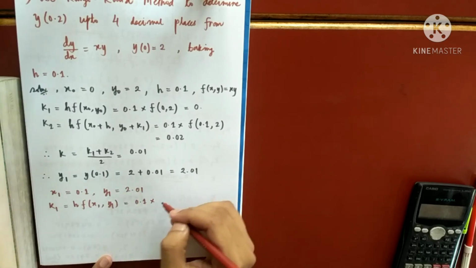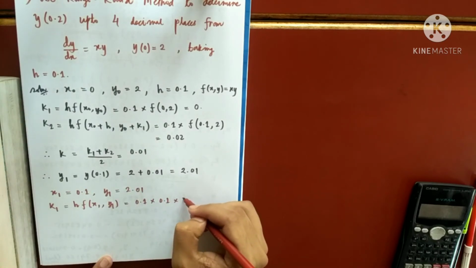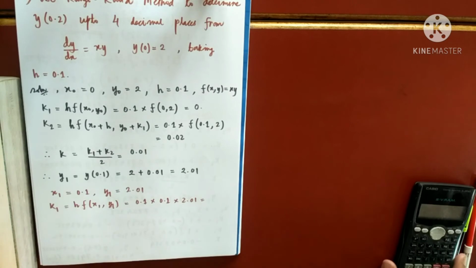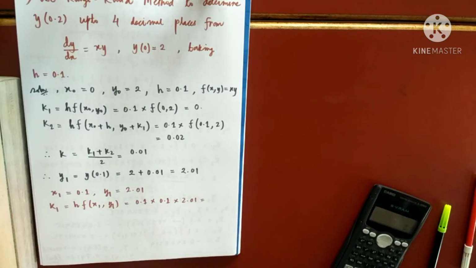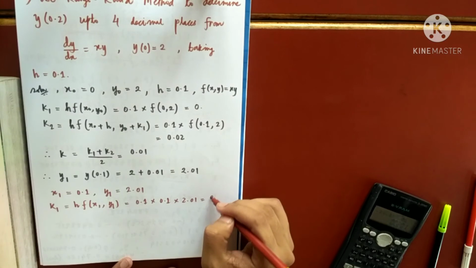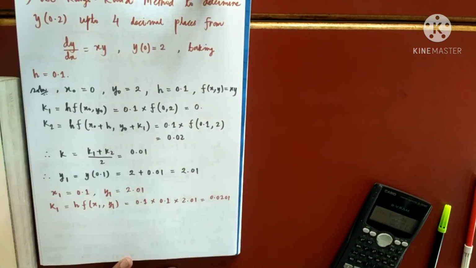So this into this, 0.1 into 0.1 into 2.01. Let's multiply this. It is 0.0201. Okay, I hope I have not made any mistakes.